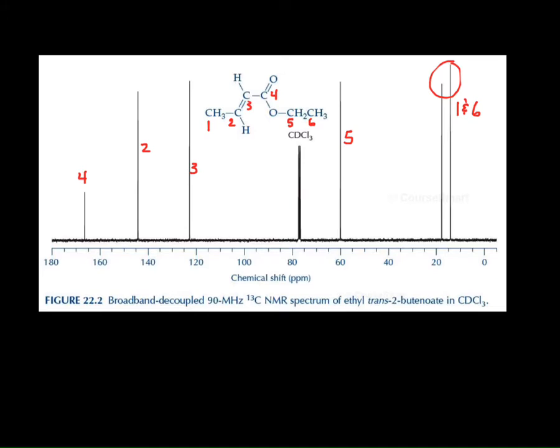Not to as great of an extent, but it will have a bigger effect than on carbon number 1. So I could probably make a case that carbon 6 is going to be shifted downfield. And therefore, I can essentially label every single signal with the corresponding carbon.